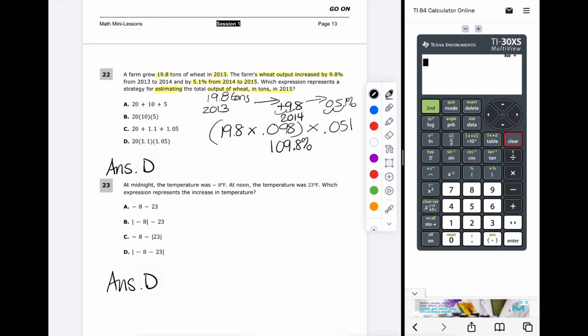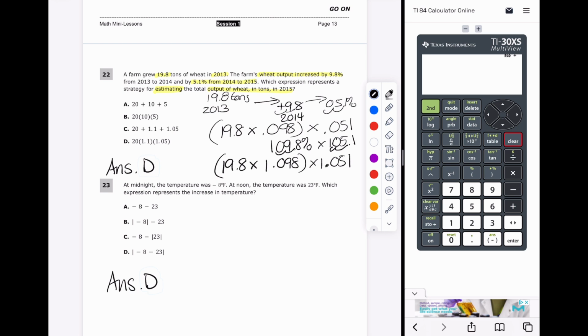So I have to change this to 19.8 times, move my decimal one time, 1, 2, 1.098. And then again, I want to know what the increase is, so I have to add the 5.1%. So I need 105.1%. So I'm going to multiply it by, move my decimal again, 1.051. Okay, so that's what's going on here.